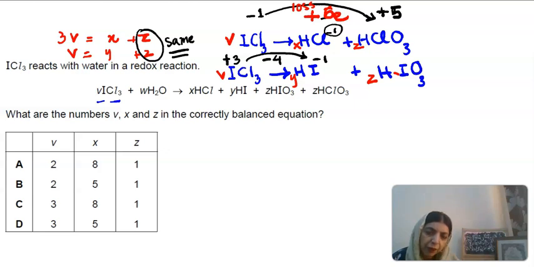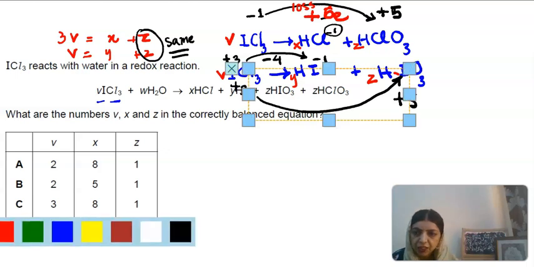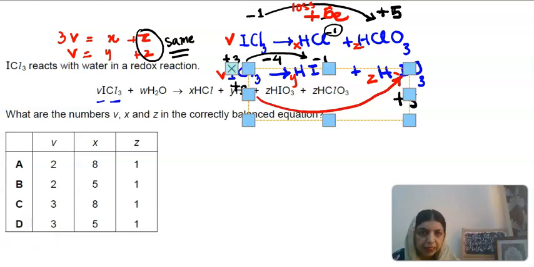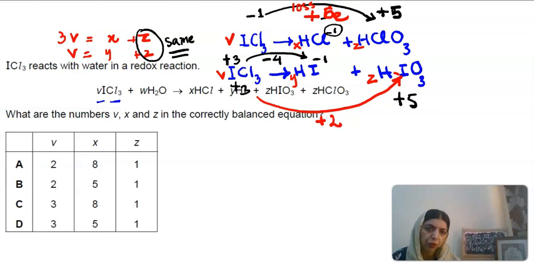This iodine is basically +3, so it is turning to iodate, +5. So what is the change? Its change is +2, a loss of 2 electrons. You can write loss, or you can write plus, where plus indicates loss of electrons.